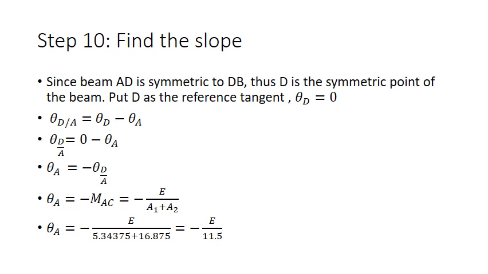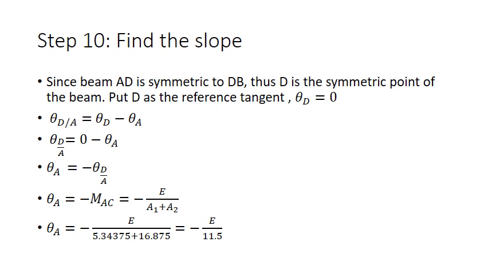The first moment area theorem is the slope D over A equals slope D minus slope A. Since slope D is equal to 0, we substitute it. So slope D over A equals 0 minus slope A. And then slope A equals minus slope D over A. And then slope A equals the minus moment from A to C, which is minus the E divided by the total area, or A1 plus A2.